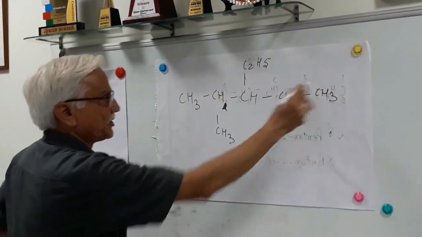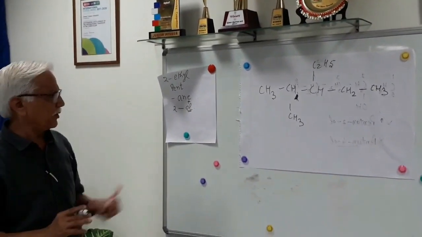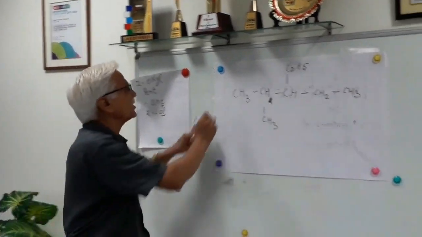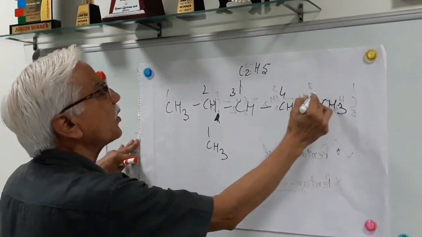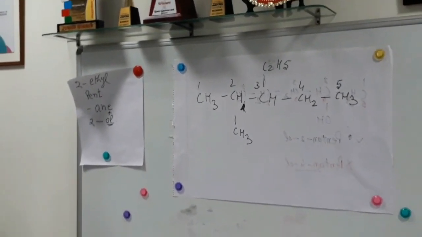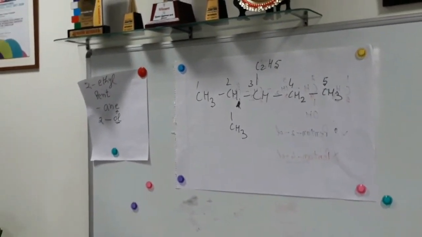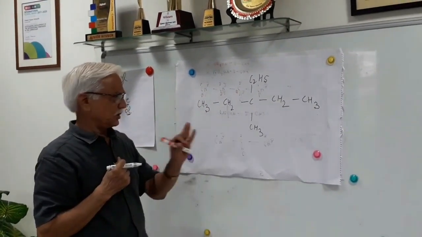I will take this straight chain example. In any way when I go, it is 5, so I will prefer the straight chain one. So I will number it 1, 2, 3, 4 and 5. This is another example with two dissimilar side chains.